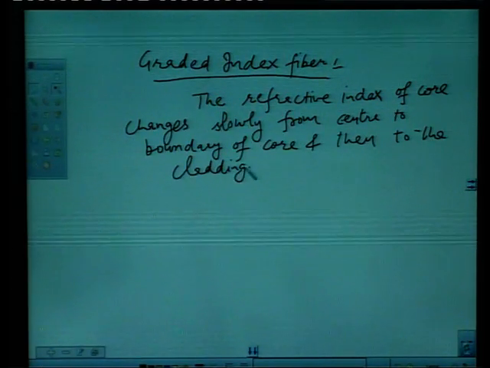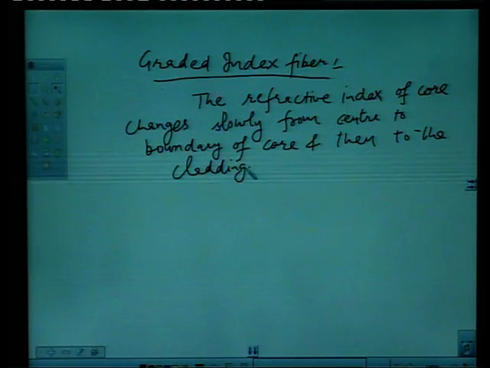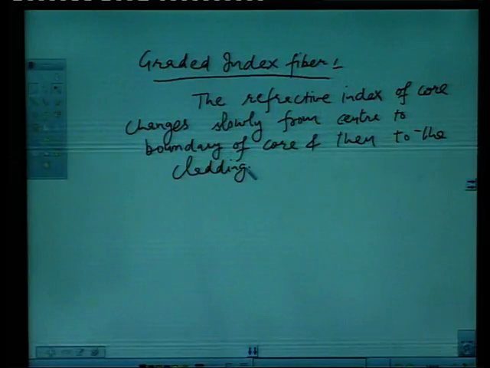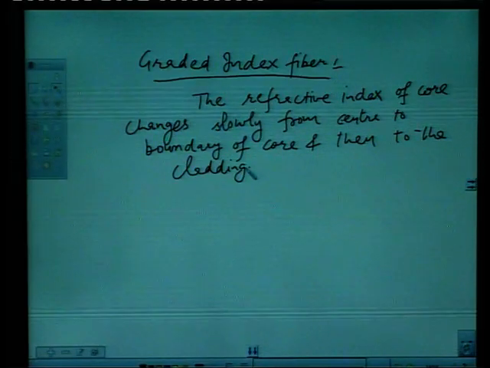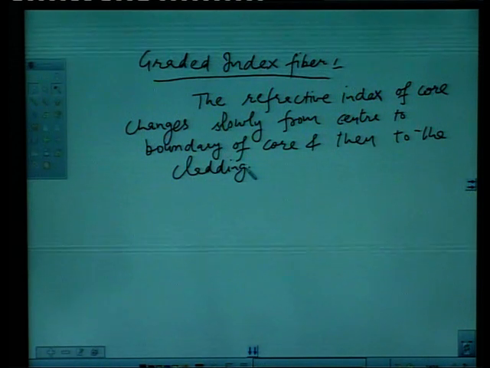So there is a slow change of refractive index from the center to the boundary as well as to the cladding. So these are the three types of optical fibers.